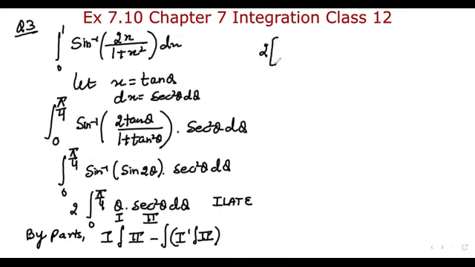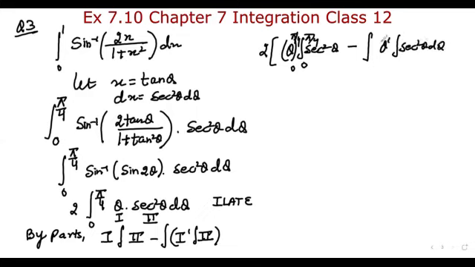This will be 2. First function as it is, integration of sec square theta, the limit is 0 to pi by 4. And minus, differentiation of first function, derivative of theta, integral of second function, and then d theta, and the limit is 0 to pi by 4.